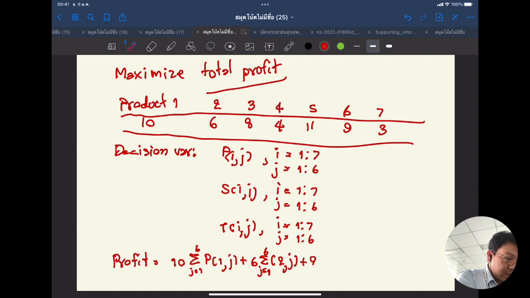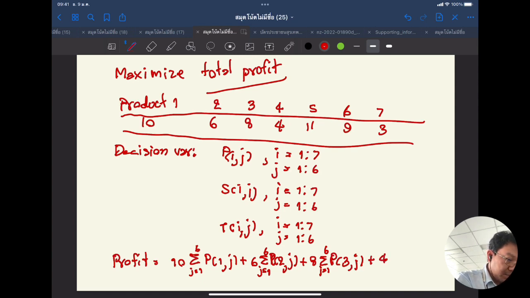And then we have product 3, which contributes 8 to the profit. So J from 1 to 6 again. Oh, wow, I forgot P here. So it should be P here, right? 3J, okay.